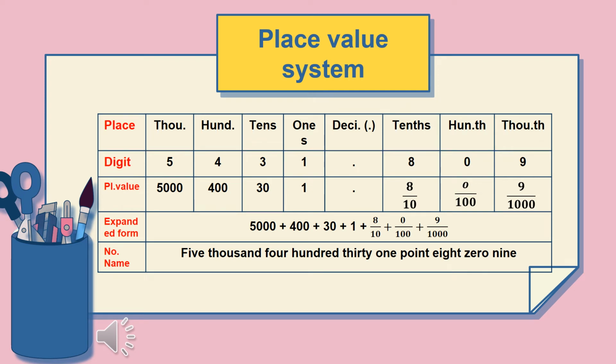Let us now see the place value chart. Here we have 5 in the thousands place, 4 in the hundreds place, 3 in the tens place, 1 in the ones place. As we move towards the right, we would have the place of tenth, then hundredth and then thousandth. The place value of these digits would be accordingly.